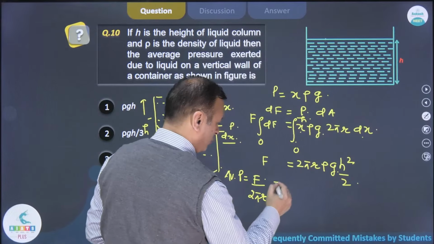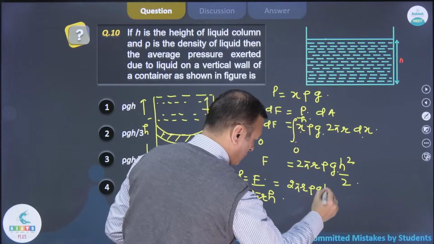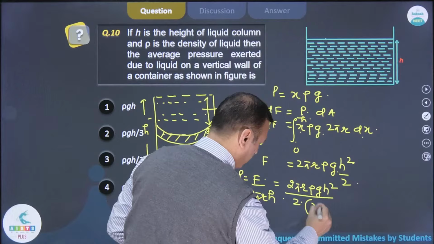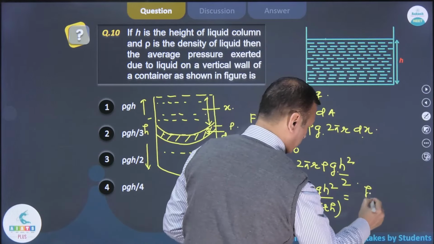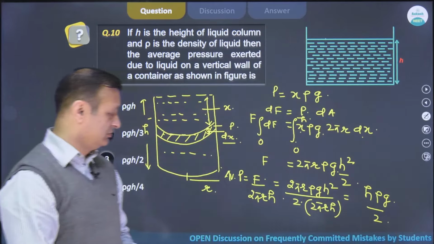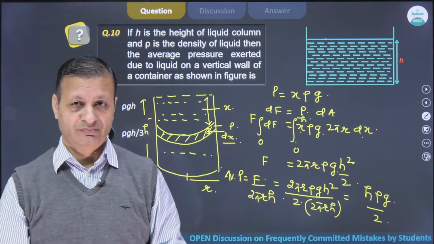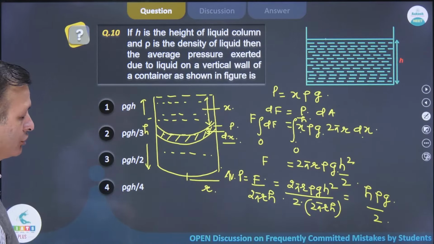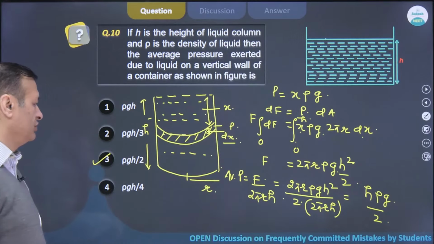When you divide the force with 2 pi r h, that gives you h rho g by 2. So this is the average pressure exerted on the walls of the container, where the liquid is filled up to height h. So this is h rho g by 2.